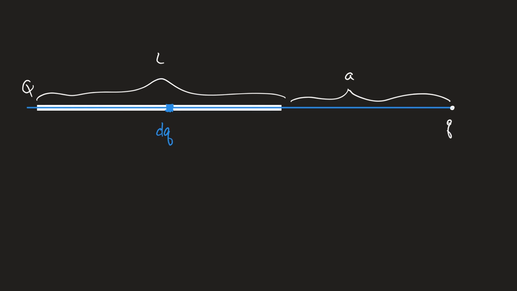I'm going to define this object as having a size dx, a small amount of length. And I'm going to define the object's density as being the total charge, Q, divided by the total length, L.